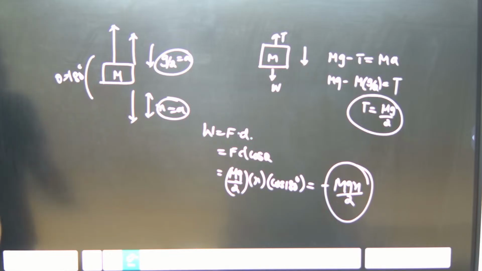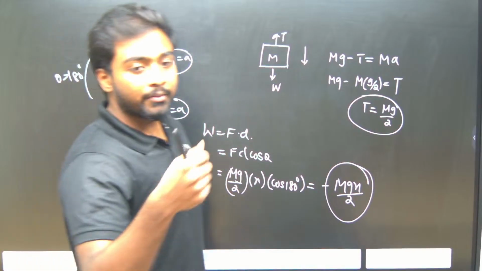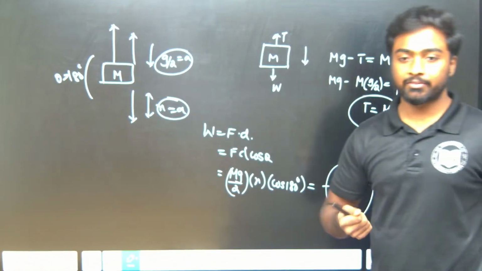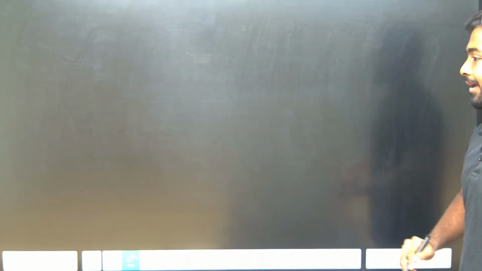Till now we were discussing the rope, the tension and the weight. Now suppose they ask the question in terms of friction, how can we deal with that type of question?